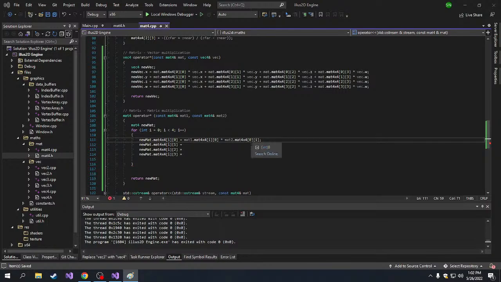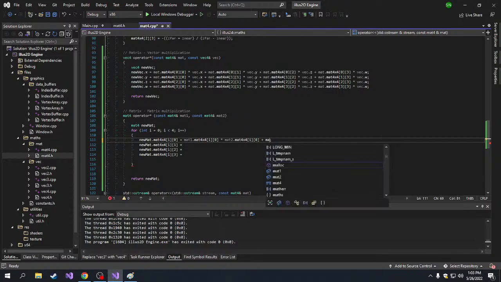So the first row into the first row, well, I can just do this, column number 0, then I can plus do mat1 dot mat4 by 4.